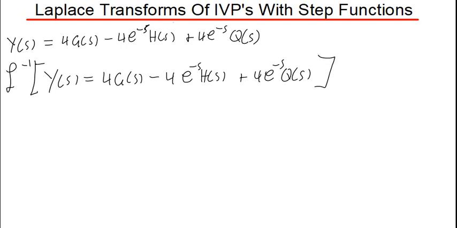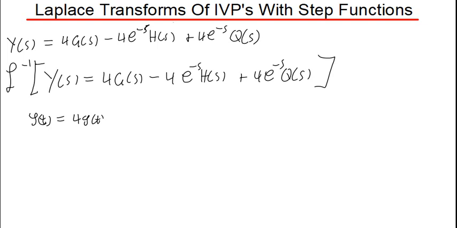So this is supposed to be written as y of t equals our 4 multiplied by lowercase g of s minus 4e to the minus, actually, this will also be looking for the inverse of that. I'm just going to say h of s, actually not g of s but g of t, sorry about that.